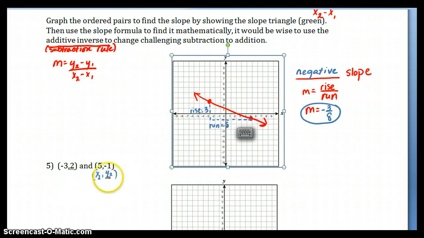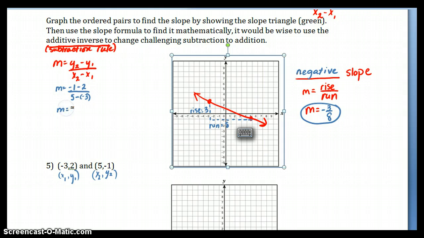And then if that's the sub 2's, then these have to be the sub 1s, so x sub 1 and y sub 1. So it's y sub 2 minus y sub 1. So negative 1 minus 2, m equals negative 1 minus 2 over, and then if I chose negative 1 as my y sub 2, then 5 has to be my x sub 2. So 5 minus negative 3.